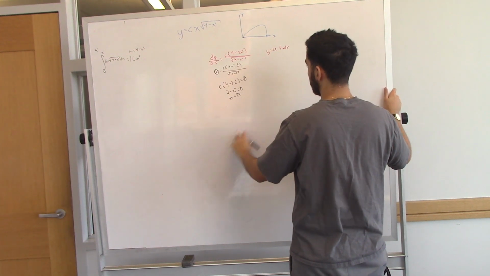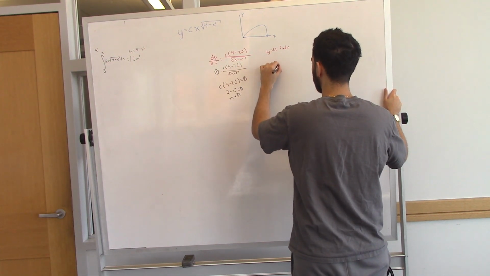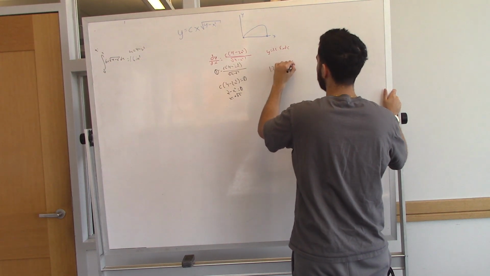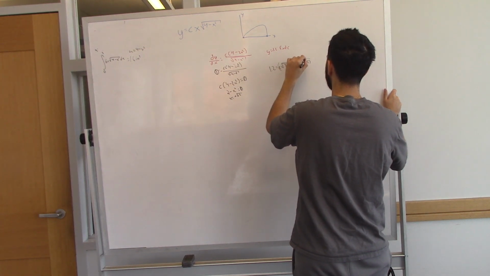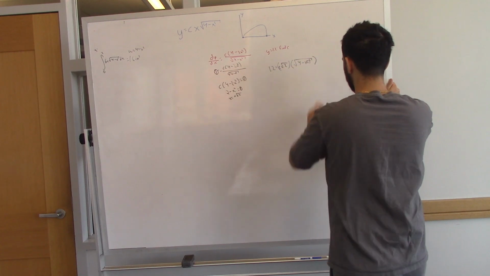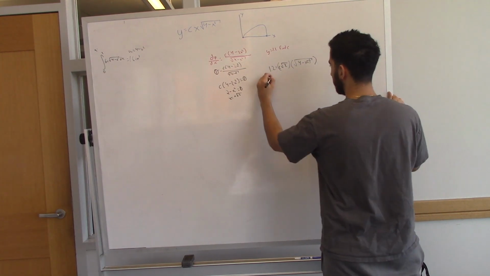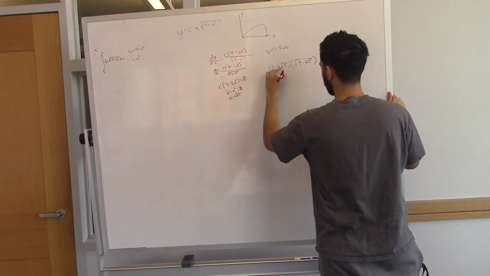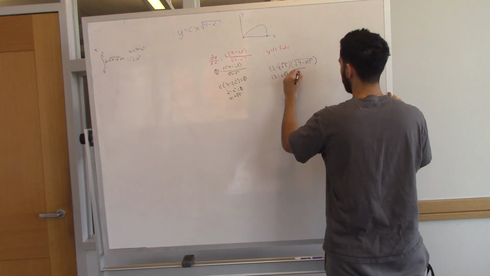And so we have to put this back into the original. So you're going to have 1.2 equals c times the square root of 2 times square root of 4 minus the square root of 2 quantity squared. So we'll get this expression. The square roots here are going to cancel out. So we get 1.2 equals c times the square root of 2 times square root of 4 minus 2.